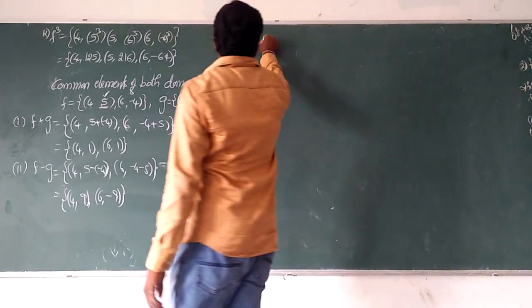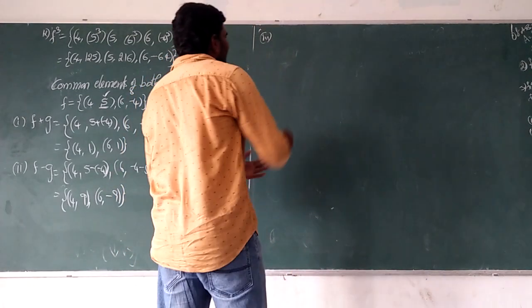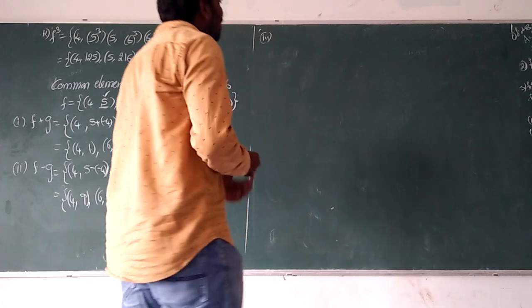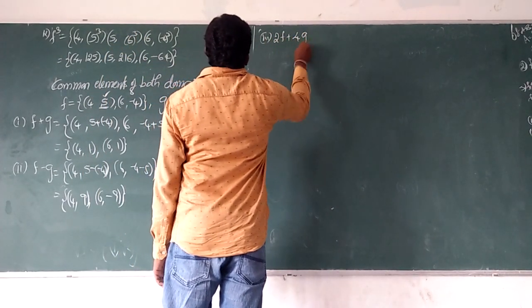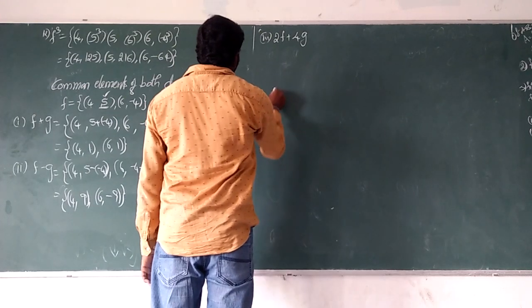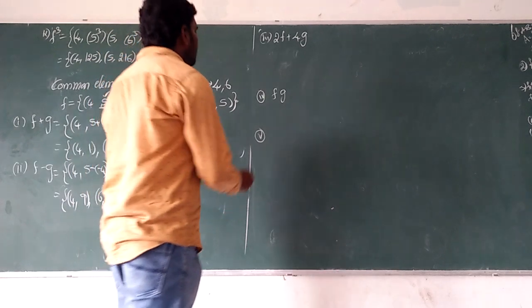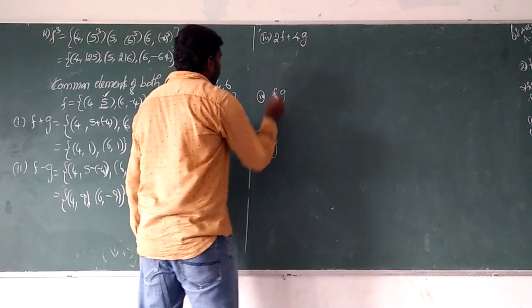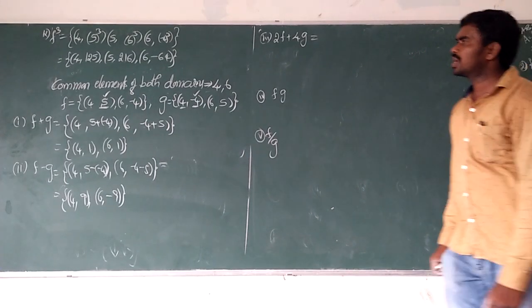What is the third question? Okay, 2f plus 4g. And the fourth one, f into g, the fifth one, f by g. Take common elements.